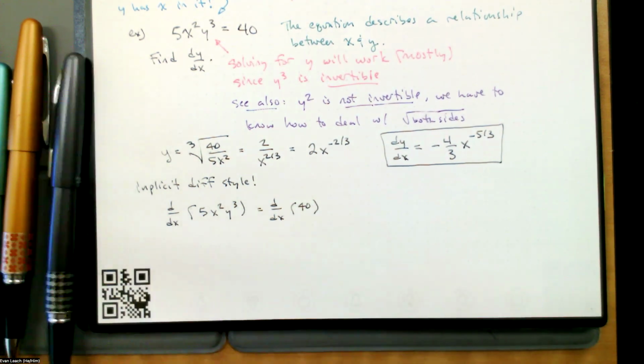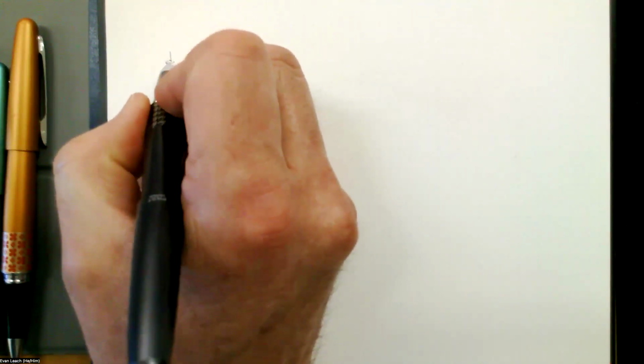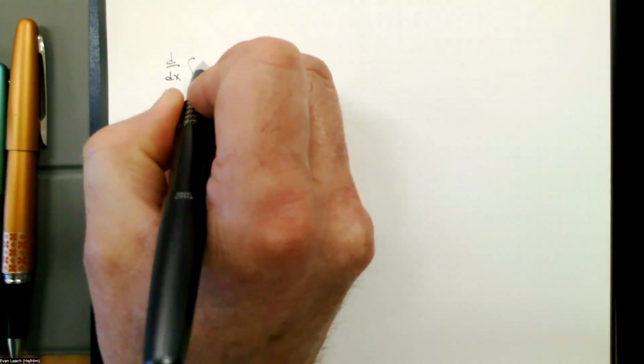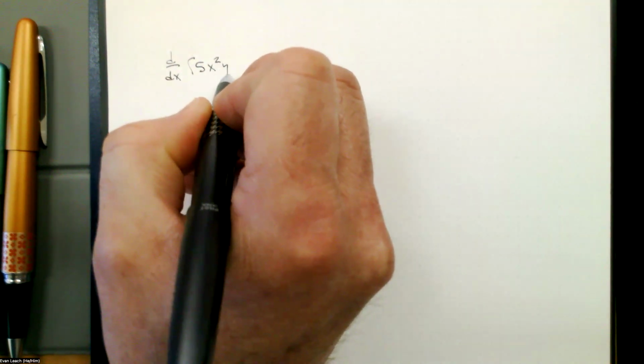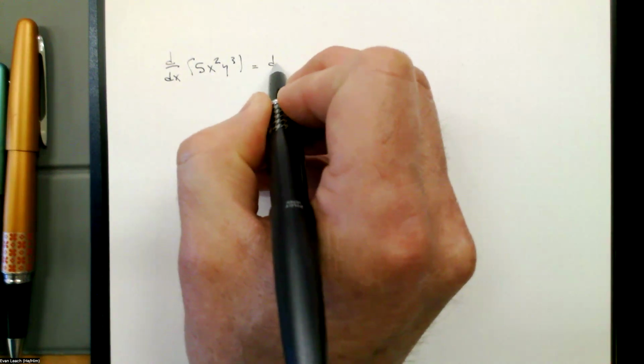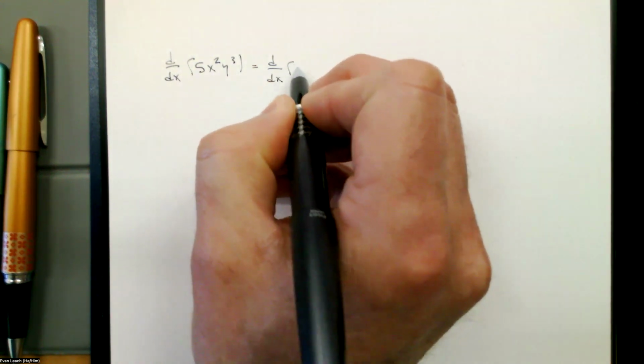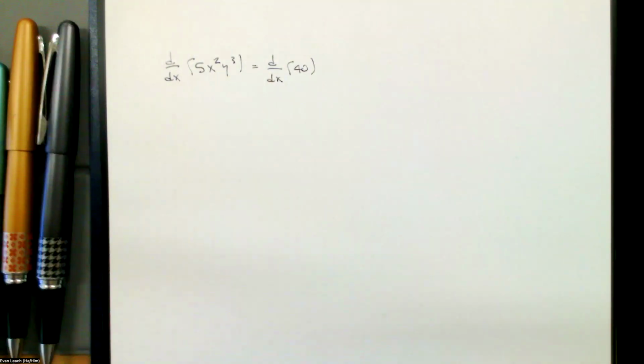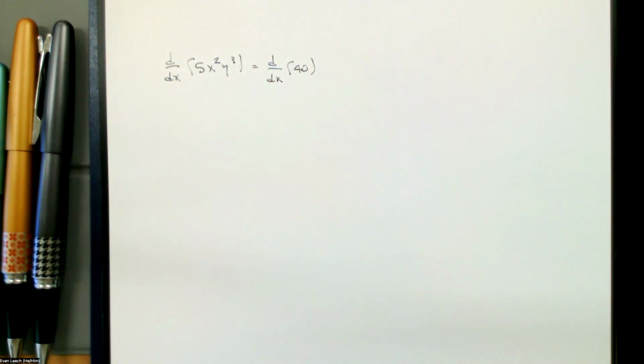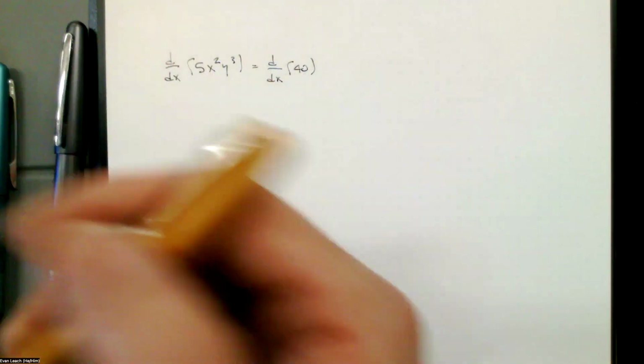So what we're going to have to do here is turn the page, because that was bad planning on my part. The derivative on the right, the derivative of 40, is the derivative of a constant term, so that's equal to 0. On the left, the derivative of the 5 times stuff, 5 is a constant factor.